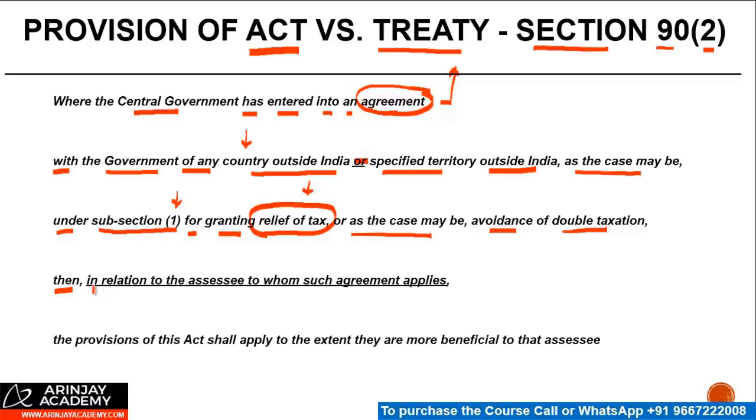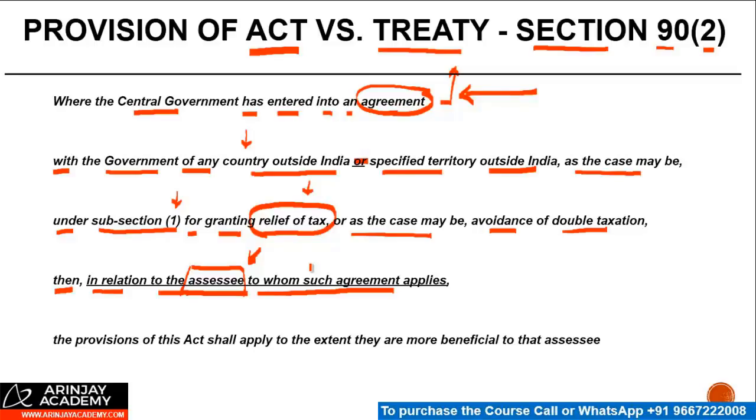Then, in relation to the assessee to whom such agreement applies. Now, one thing which is important and which comes out from this particular word is that the person or the assessee who is eligible to take the benefit of such an agreement is the one who is able to claim the benefits under the treaty.